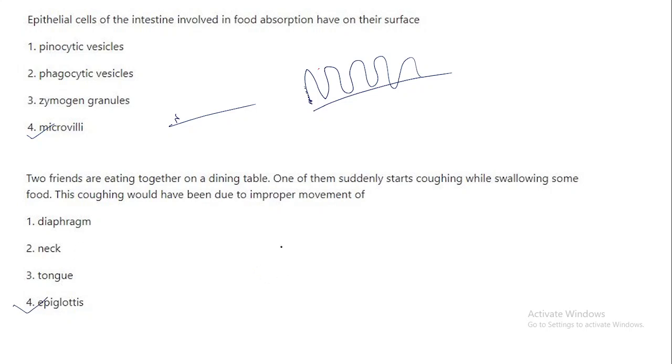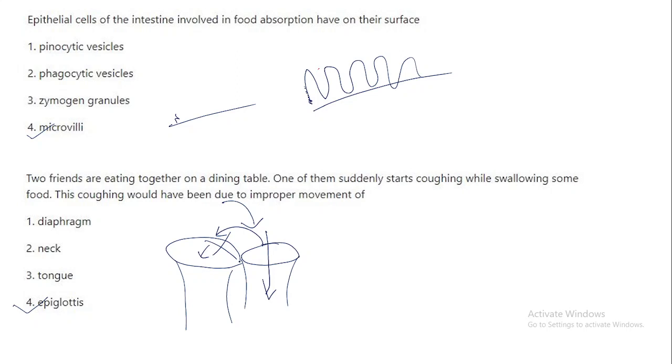The epiglottis, as I've kept telling, is a flap present above the esophagus. Only when you swallow, this flap goes and covers the trachea, so that the food does not enter the trachea but enters the esophagus.